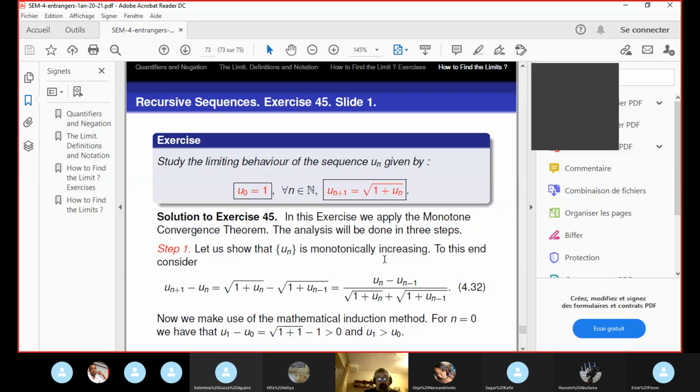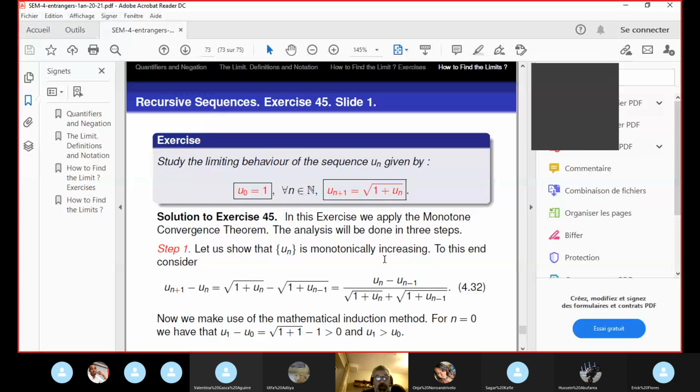In order to have some information about the monotonicity, we will consider the formula 4.32. In step 1, we want to show that our sequence u sub n is monotonically increasing.